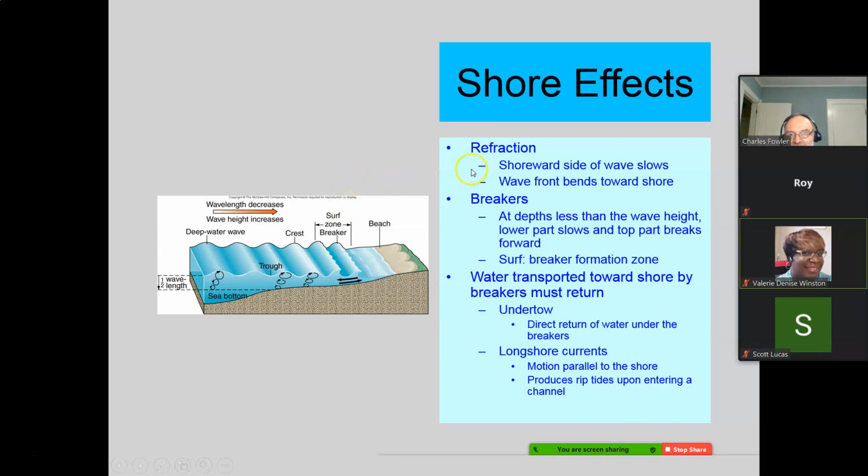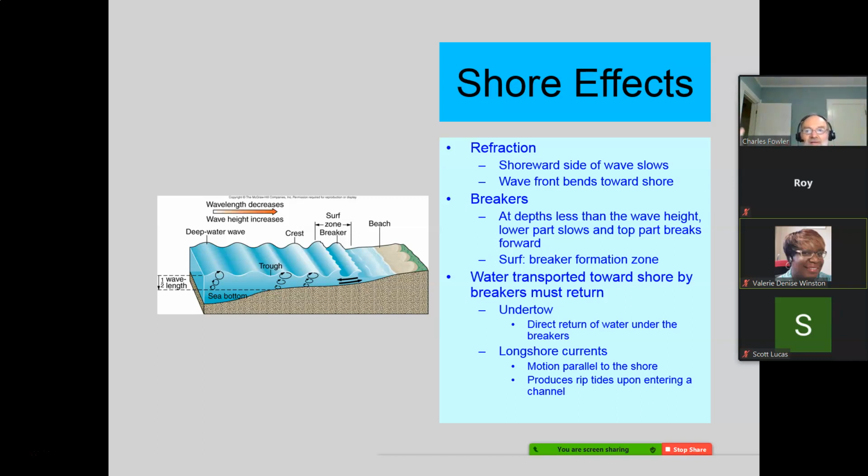So they haven't really shown a good picture of refraction yet. Let me see if I can find one in the book. Lo and behold, they don't really have one. I don't know why they don't show refraction more, a better picture of it.